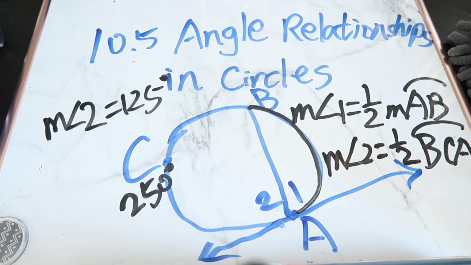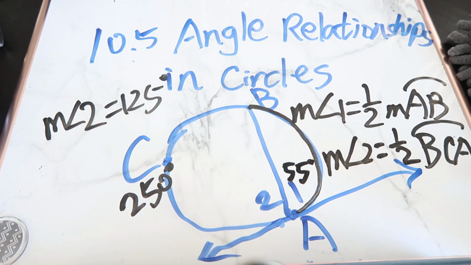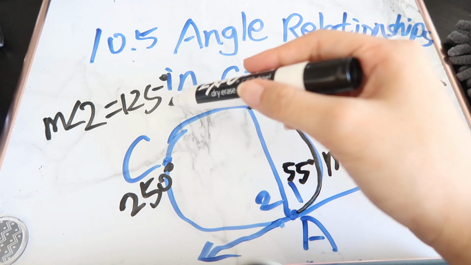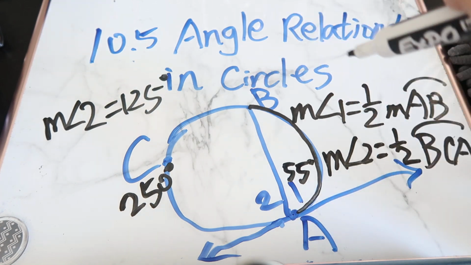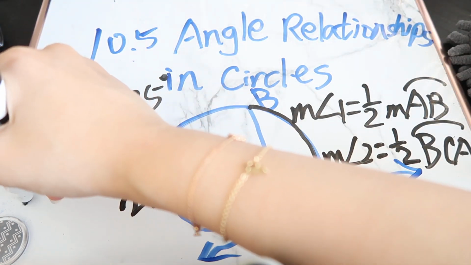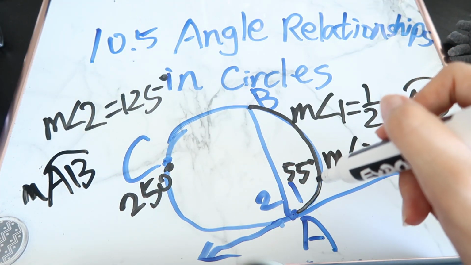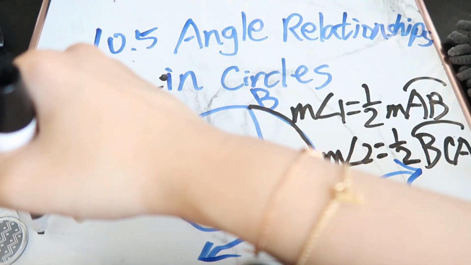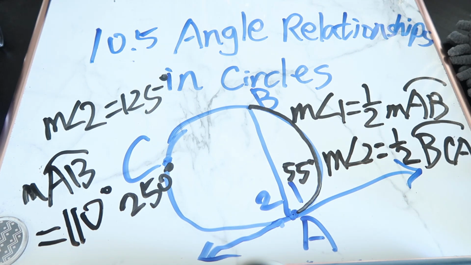And let's say given angle 1 is 55 degrees. Because 55 plus 125 is 180, what is the measure of arc AB? Measure of arc AB, again the arc is twice the value of the angle, so it'll be 55 times 2, which is 110 degrees. Again, keep in mind, angle is half of the arc in this case.